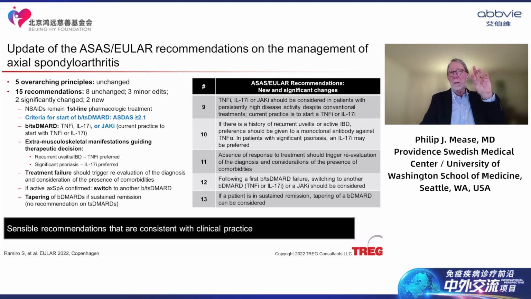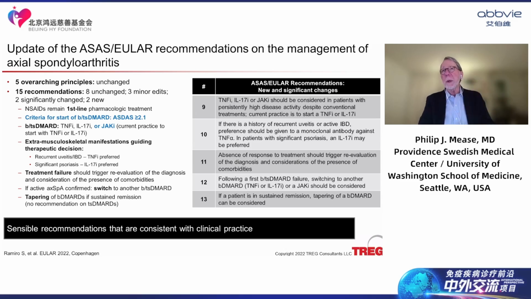They don't necessarily suggest to start with a TNF inhibitor only, since the IL-17 inhibitor can be effective. JAK inhibitors we usually in our country use after a TNF inhibitor, partly because of the safety issues that surfaced from the oral surveillance study with tofacitinib.